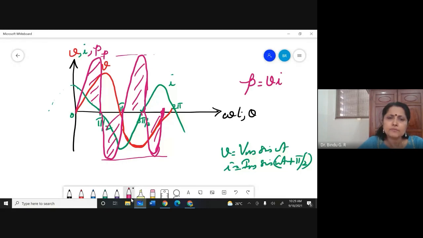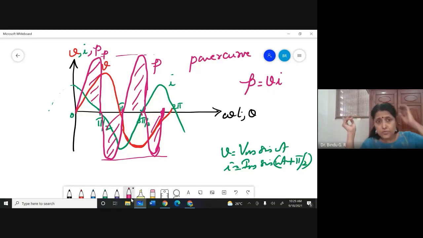When you draw, please try to draw to scale. So this is your power curve. As in the previous case, you will see that when voltage rises, there current rises. Please write down this, I'll give you time to draw also.